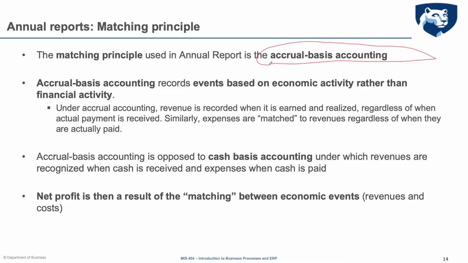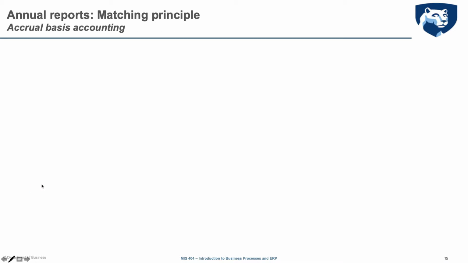So remember that for GAAP, accrual-based accounting is not the physical cash in or cash out of the money that generates a transaction, it's the happening of economic activity, so revenue and cost. And in fact, the most important performance of a company, the net profit, is based on the difference between cost and revenue, which is something related to economic aspects, so not cash in or cash out.